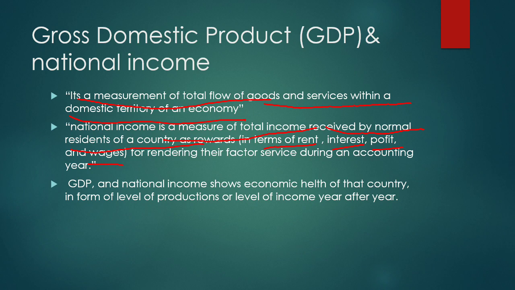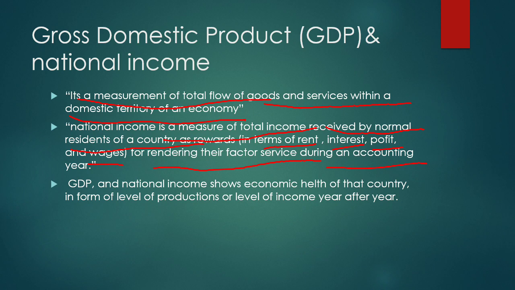If we sum the value of all these payments we have made to the households, we get national income, right? For rendering their factor services, we pay that amount in the accounting year. So national income is a measure of total income received by the normal residents of our country as reward in terms of rent, interest, profit and wages, right?